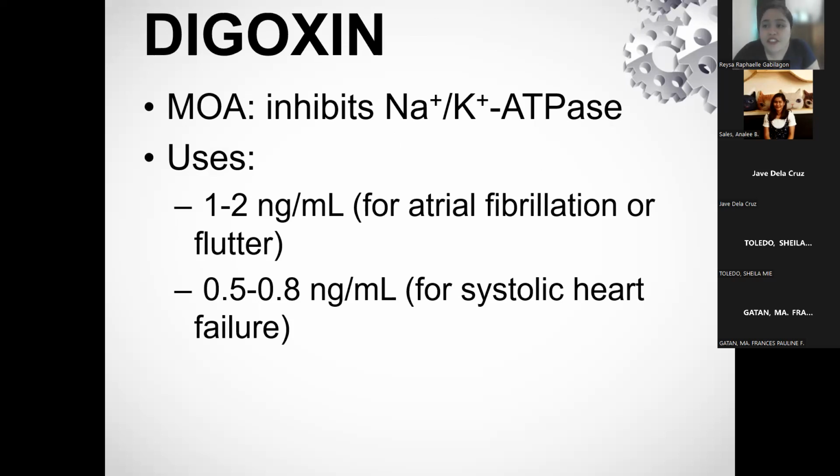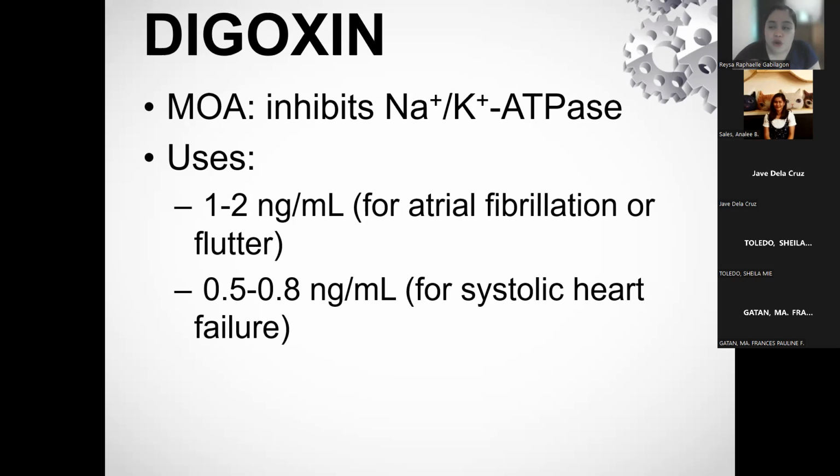Yung mechanism of action dito, hindi siya nagbago. Mag-inhibit pa rin siya ng sodium-potassium ATPase. The difference here lies on the dose. Kasi at higher dose, from 1 to 2 nanogram per ml, that's when digoxin treats arrhythmia, especially atrial fibrillation or flutter.